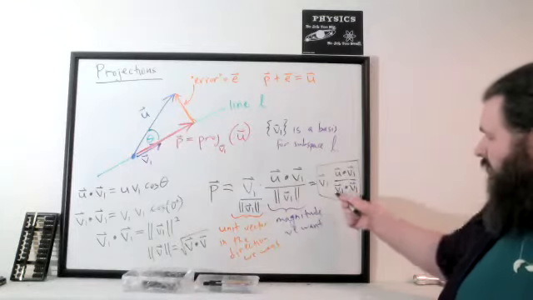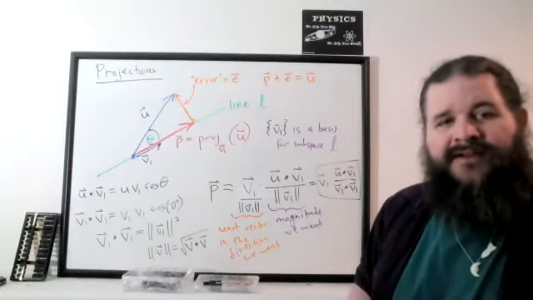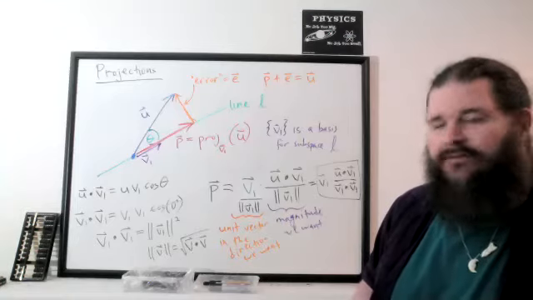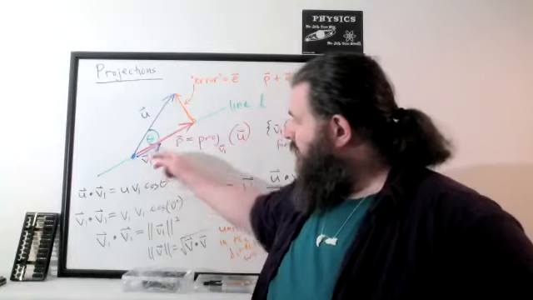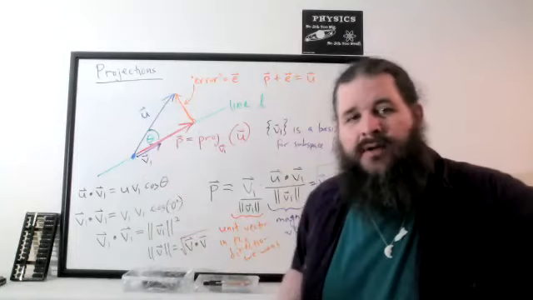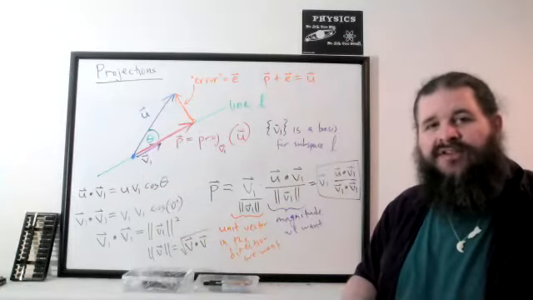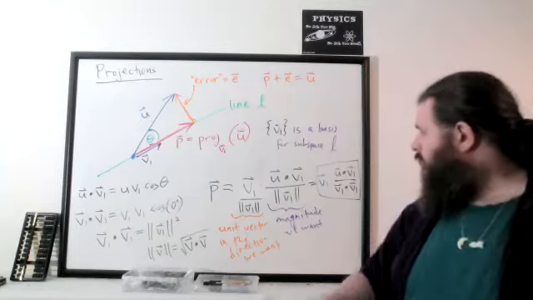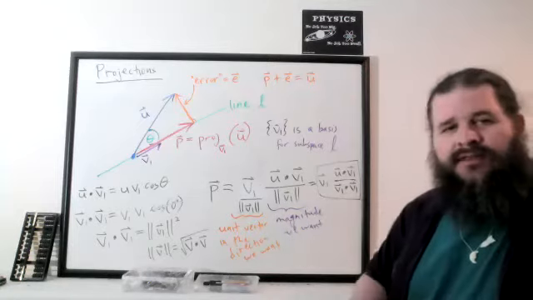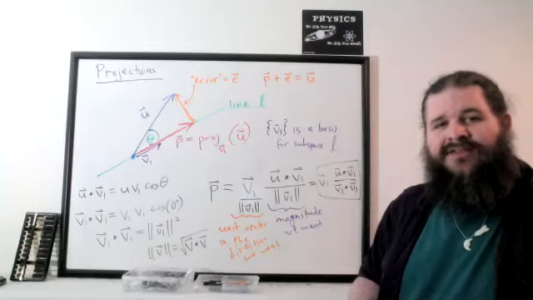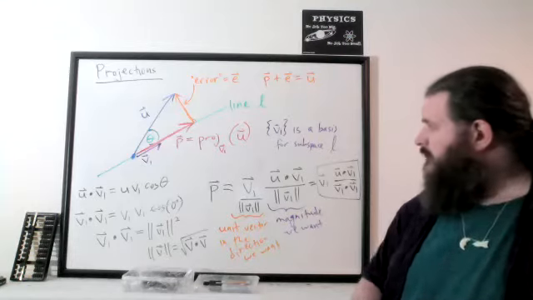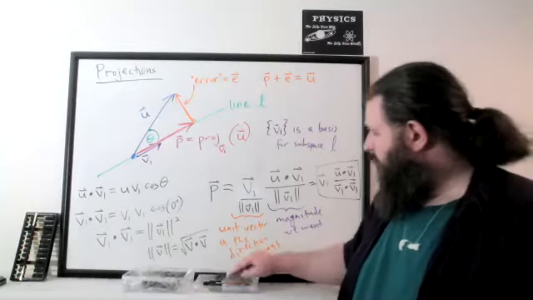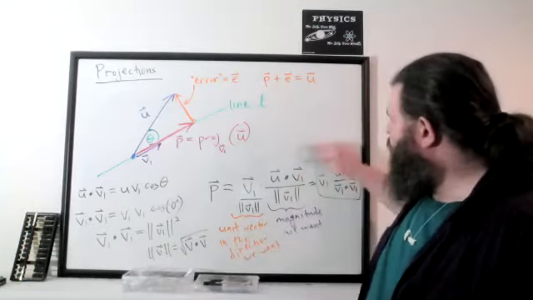And dividing by v1 dot itself is essentially to prevent v1's own magnitude from making a difference. Because v1's magnitude shouldn't matter. If we had used a v1 in the same direction but a different length, we still want the same projection vector. So the v1 dot itself in the denominator is largely just to prevent the size of v1 from making any difference. But this is our typical formula for the projection of u onto v1.